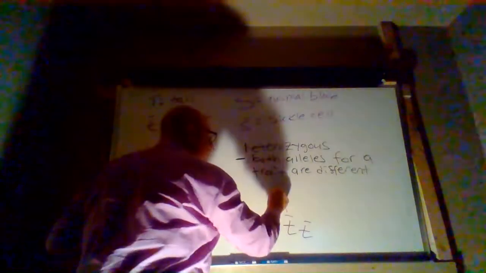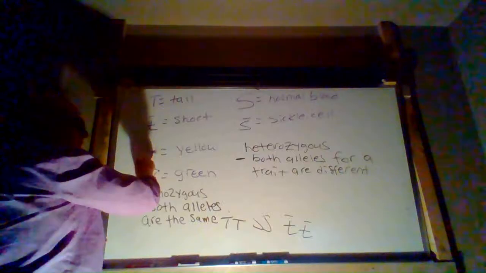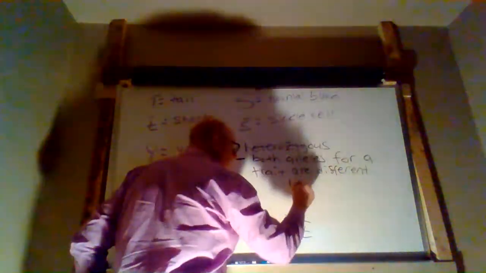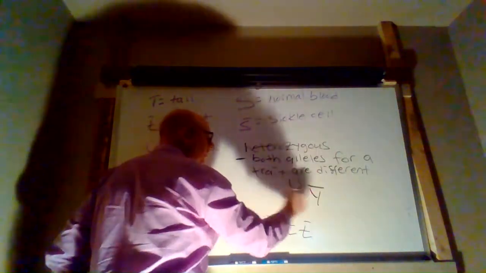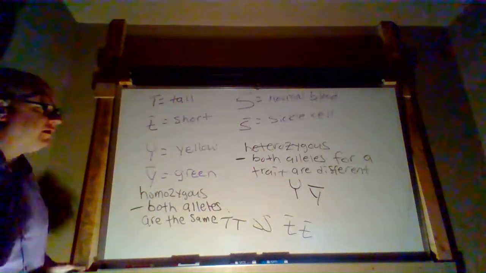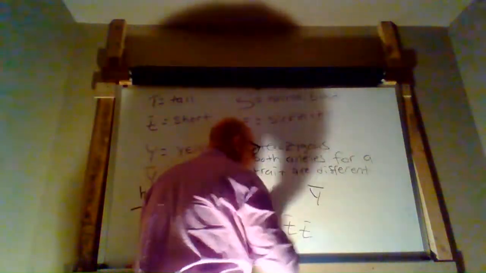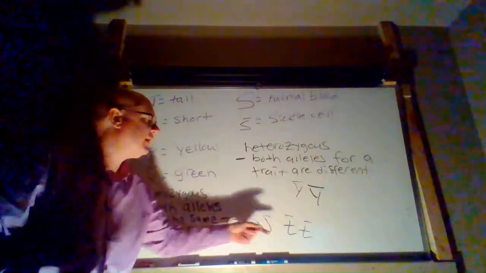Both alleles for a trait, okay, pea plant color, are different. So rather than having two capital Y's, you would have a capital Y and a lowercase y. So both alleles for a trait, in this case pea plant color, are different. Because if we had two lowercase y's, well then we've got, again, homozygous recessive, just like this.